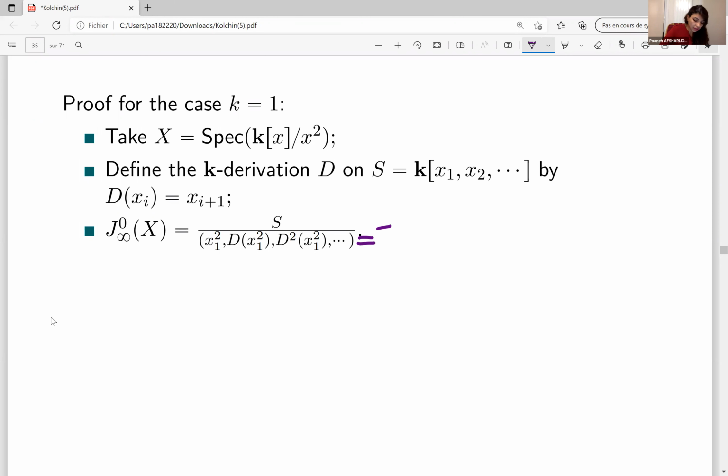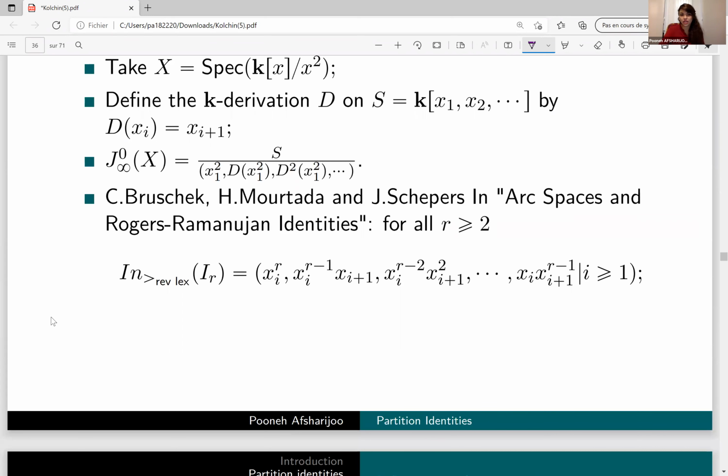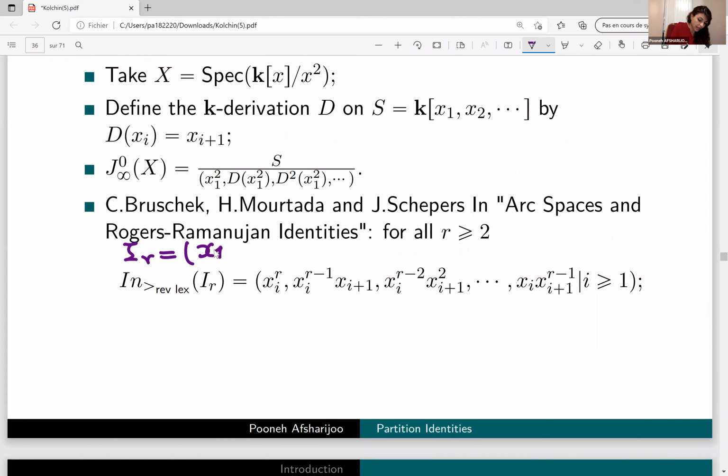I will denote it here by I_2, and then we used a result of the paper Arc Spaces and Rogers-Ramanujan Identities of Bruschek, Mourtada, and Schepers, which says that if we denote by I_r the differential ideal generated by x_1 to the power r and all its iterated derivatives, then the initial ideal of I_r with respect to the reverse lexicographical monomial ordering is generated by these monomials.